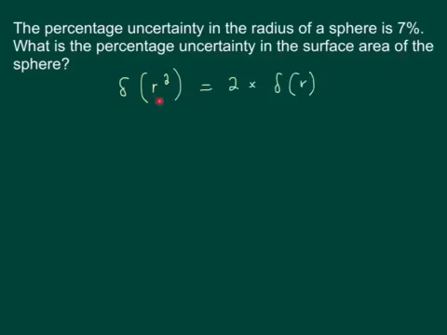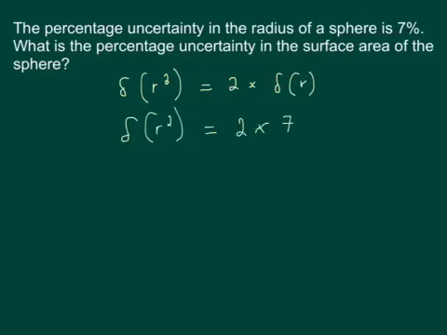When you take something that's uncertain, like r, and you raise it to a power, you find the new percentage uncertainty by multiplying that power 2 by the original measurement. In other words, if you exponentiate a measurement, you must multiply that measurement's percentage uncertainty by the power to get the new uncertainty. Good. So we can quickly solve for the percentage uncertainty in r squared.